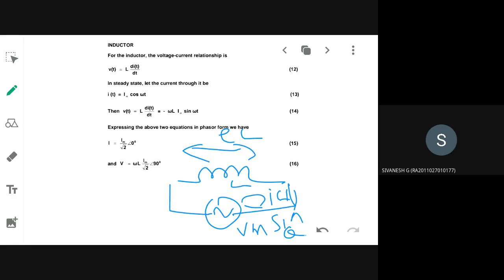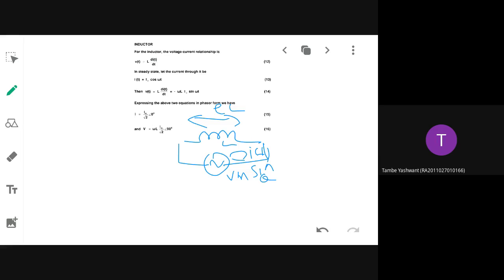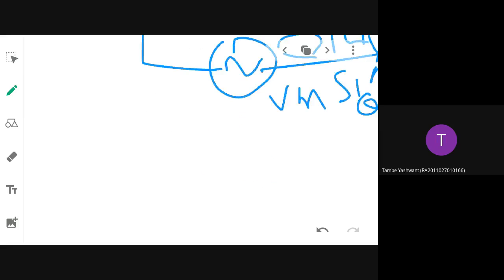So what's the formula? I know that V is equal to Vm sin theta, and I want to determine I of t. There is a V-I relationship for inductance. What is the V-I relationship for inductance?